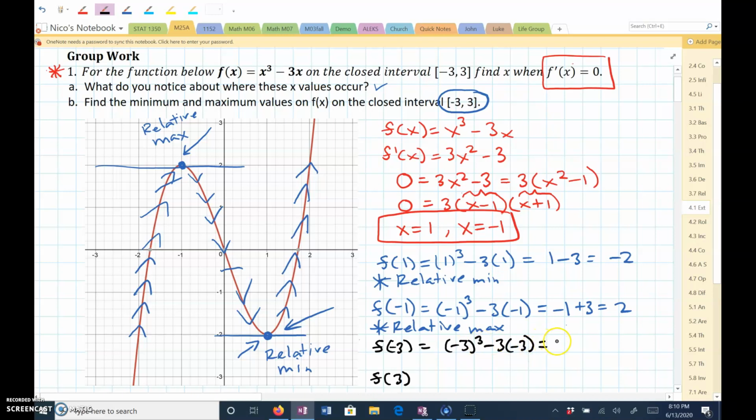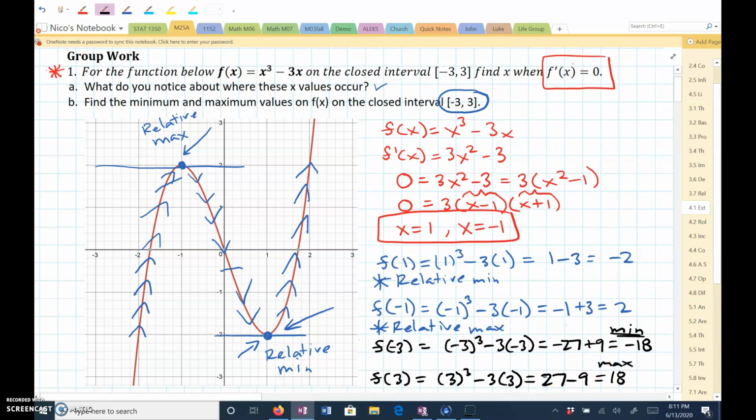Well, -3 cubed is -27. -3 times -3 is +9, so this would be -18. And 3 cubed minus 3 times 3, this would be 27 minus 9, which would be 18. So at -3, -18, this would be the absolute minimum value. Okay, and at 3, 18, that would be the absolute max value.